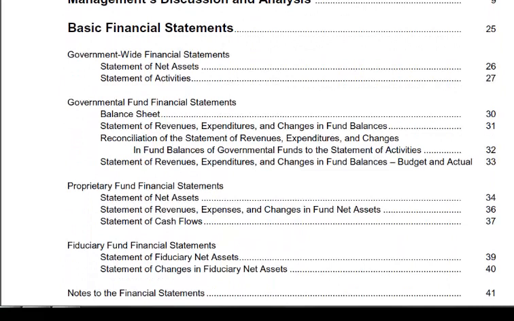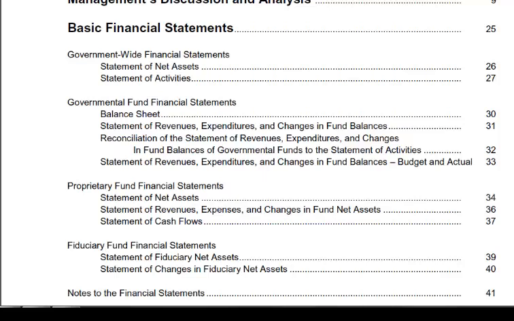There are three that are listed here for Spokane: the governmental funds financial statements, which is where Ken Brown focuses his attention; the proprietary fund financial statements; and the fiduciary fund financial statements. The last piece, and typically the most lengthy, are the various notes to the financial statements, which, as you can see, begins on page 41.